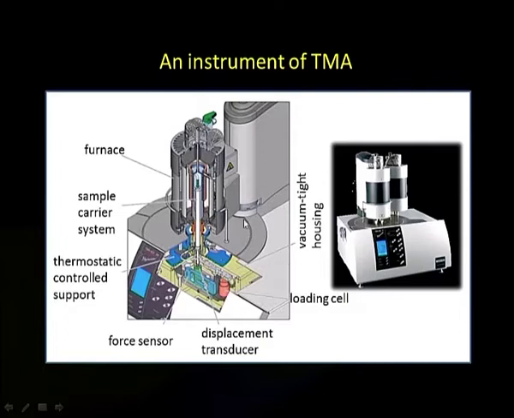Here you can see we have a furnace as we have seen in the block diagram, sample carrier system, thermostatic controlled support, displacement transducer, and a force sensor, then vacuum tight housing, and this is how it looks from the outside.